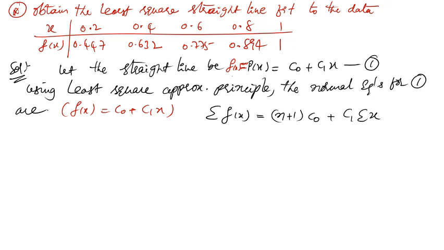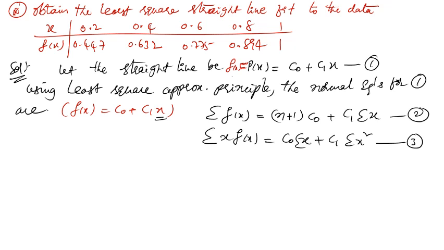This is equation 2. The second equation, multiplied by x: x into f of x equal to c0 into summation x plus c1 into summation x square. This is equation 3.